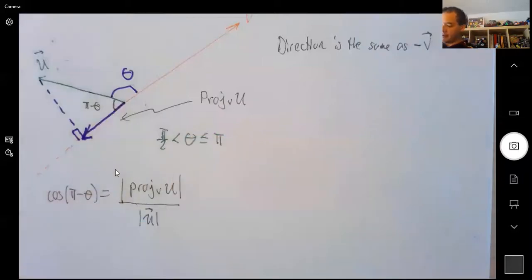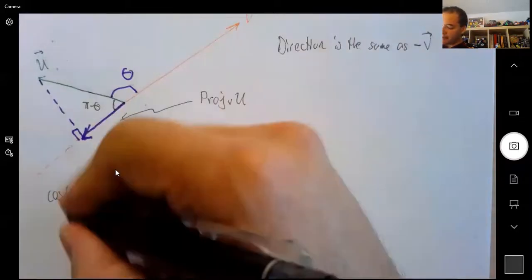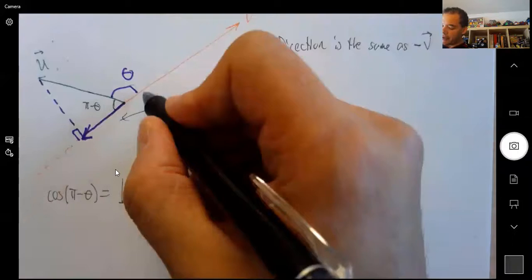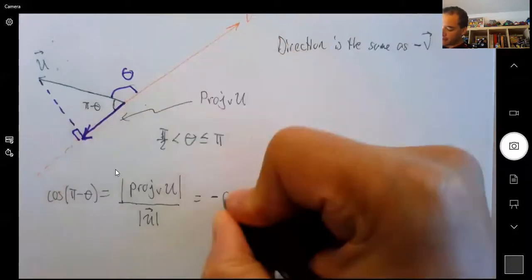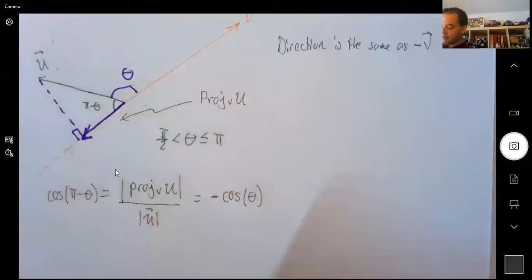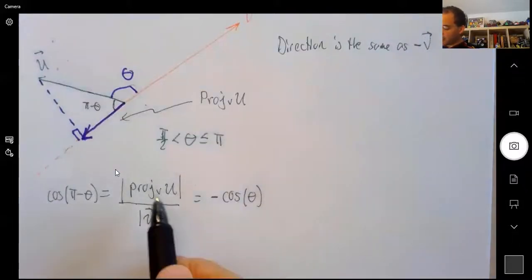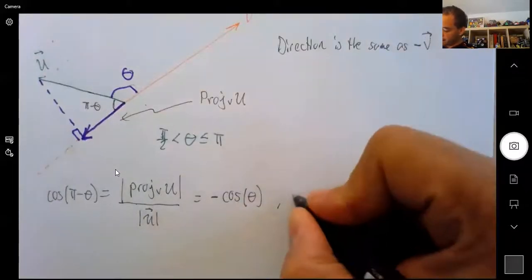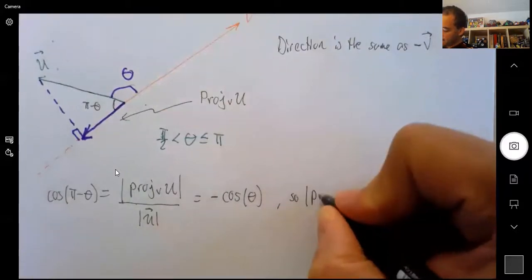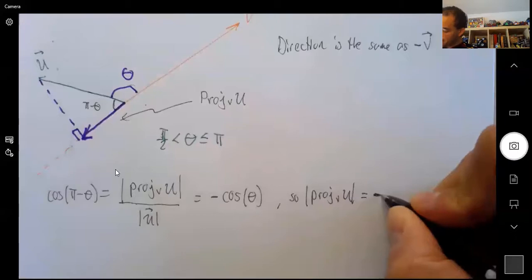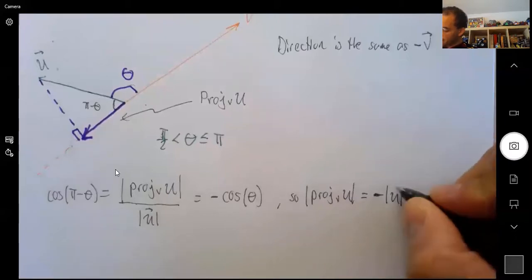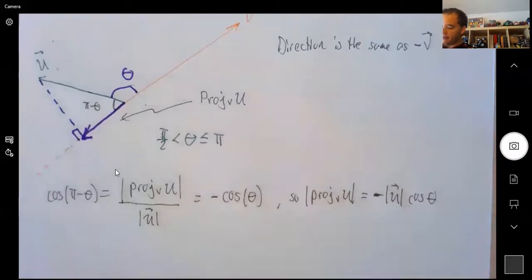The only thing is that the cosine of pi minus theta is minus the cosine of theta. So if you solve for the magnitude of the projection, it would be minus magnitude of u cosine of theta.